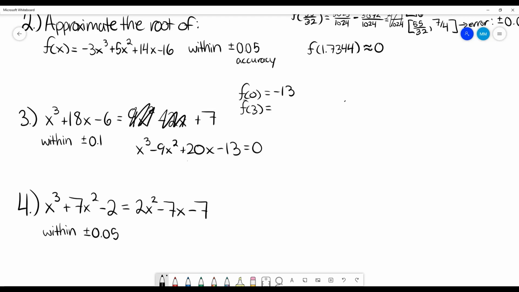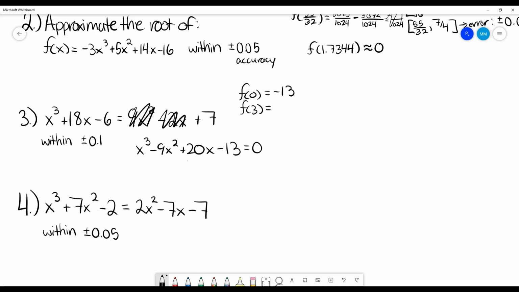So 3 cubed is going to be 27, minus 9 times 9 is 81, plus 60, minus 13. Oof, this might also not work out super great. So it's 27, minus 21, minus 13. That's also a negative number. Not really working out in our favor, huh?